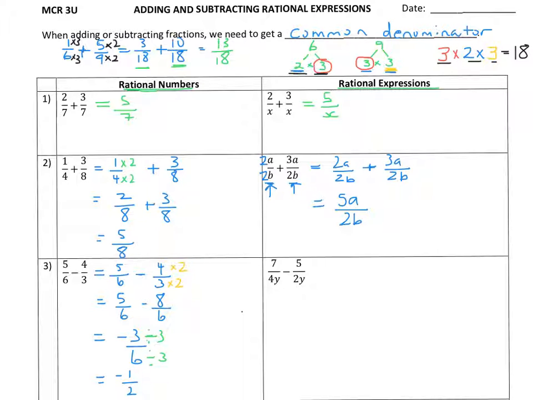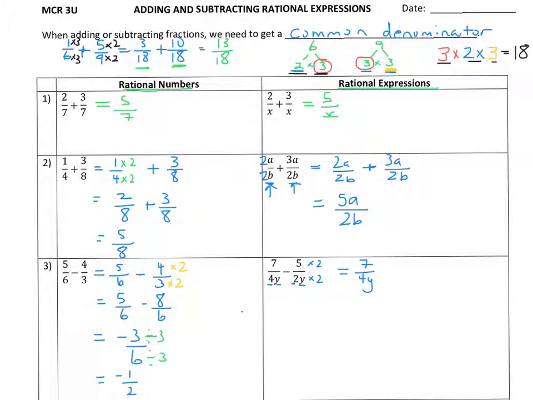All right, let's see what we can do with the one beside now. I noticed that they both have y's already common. This has a 4 and this is only a 2. If I were to multiply the second fraction by 2, top and bottom, that would turn that denominator into a 4y, which is the same as the first fraction's denominator.